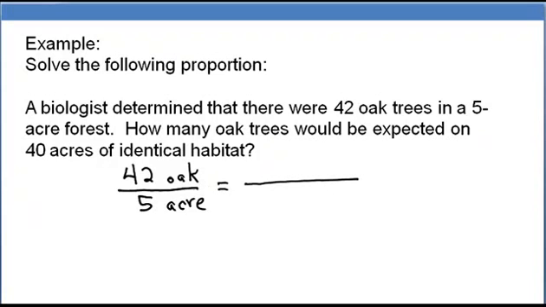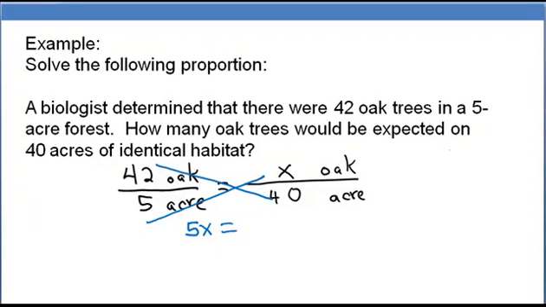So on the other side, we want the oak trees in the same position and the amount of space, or the acres, in the denominator to match. And now we'll fill in how many oak trees, so we can put our X and 40 acres. Now we're set. We have a standard proportion. We're going to do our cross products. So we have 5 times X will give us 5X.